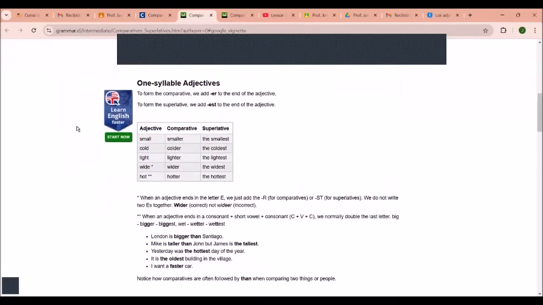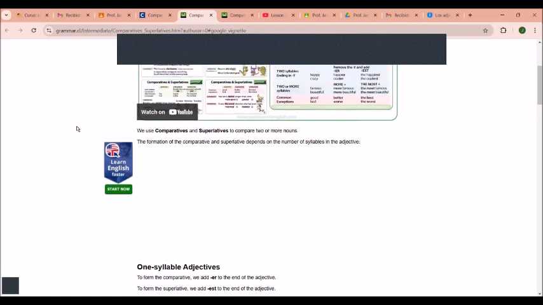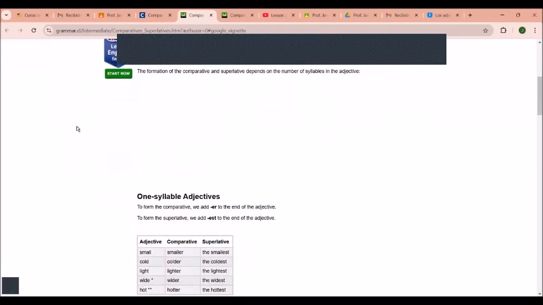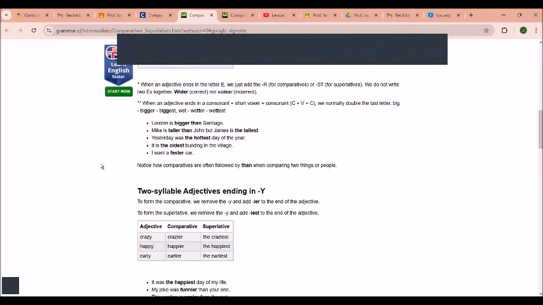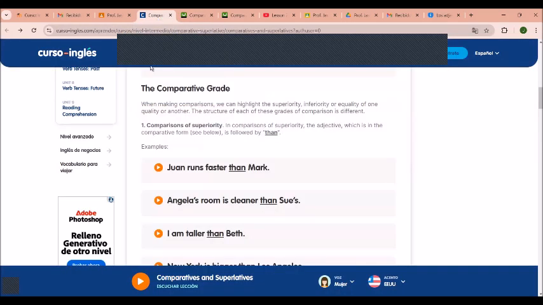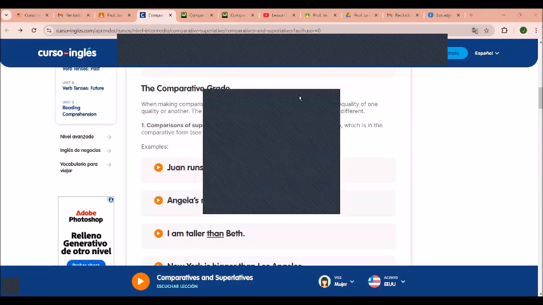So when we think of comparisons, the first thing we're thinking of is two things and how we compare one with another. Now, let's dive in a little bit deeper to see how we can compare one thing with another.